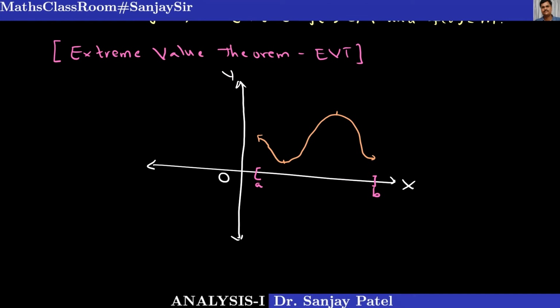But what to prove is this is obtained at some points in this domain closed interval [a, b]. So for this minimum value, if you draw a perpendicular from this point to this x-axis, this length is small m, and this foot of the perpendicular gives you the point at which the minimum value is obtained.